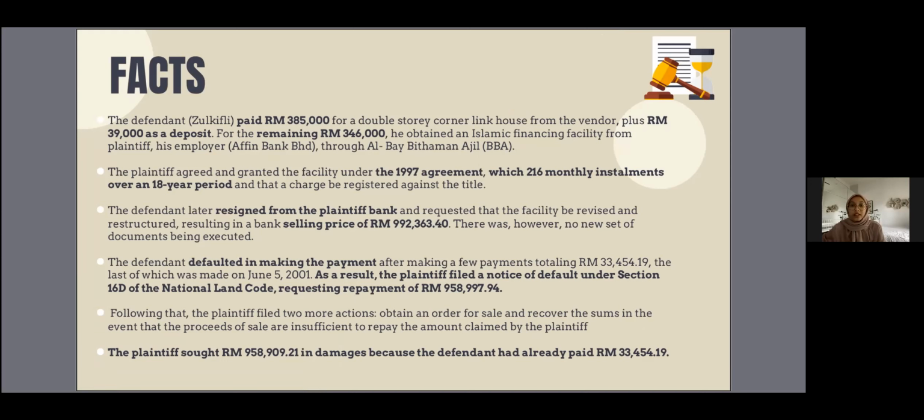For the remaining 346,000, he obtained an Islamic financing facility from the plaintiff, his employer, Affin Bank Berhad, through Bai Bithaman Ajil. The plaintiff agreed and granted the facility under the 1997 agreement, consisting of 216 monthly installments over an 18-year period.